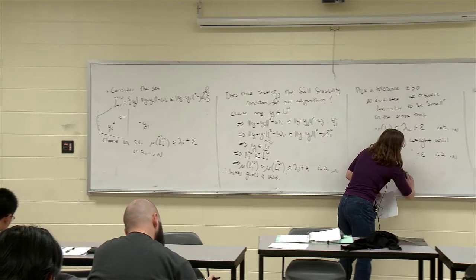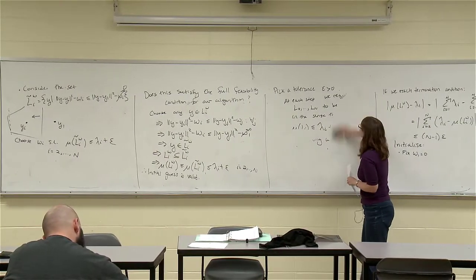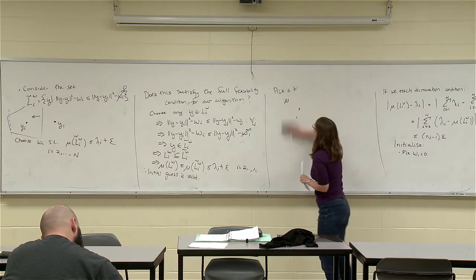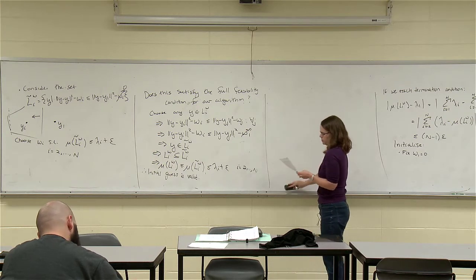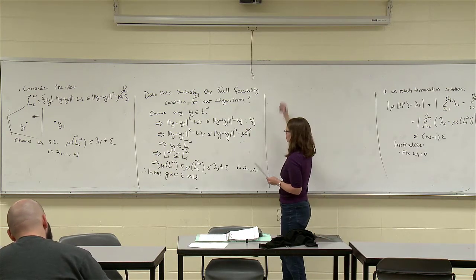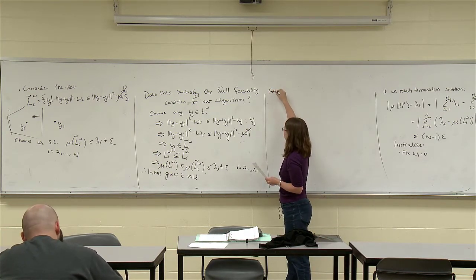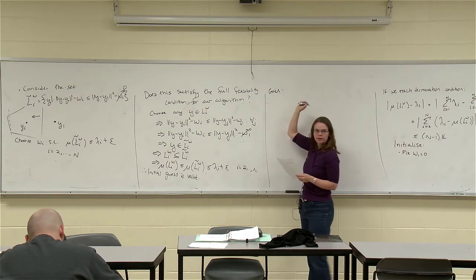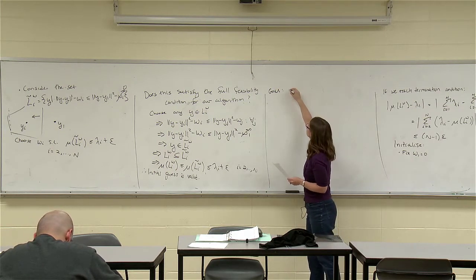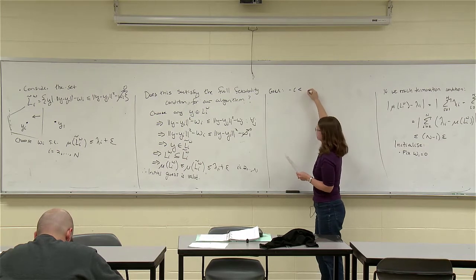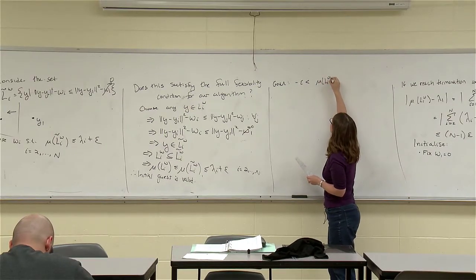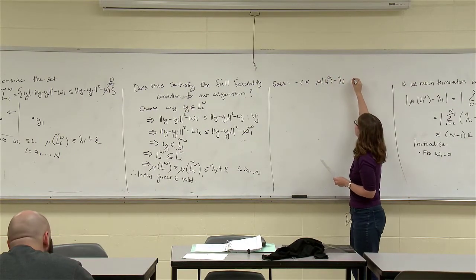Okay, now how do we update? Okay, so this was our goal, remember? We want to find weights so that mu minus lambda is bounded by epsilon.